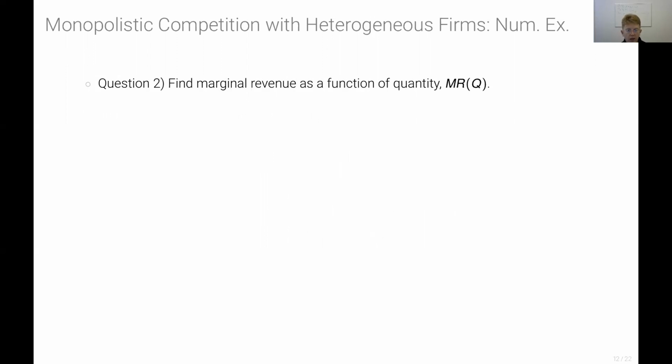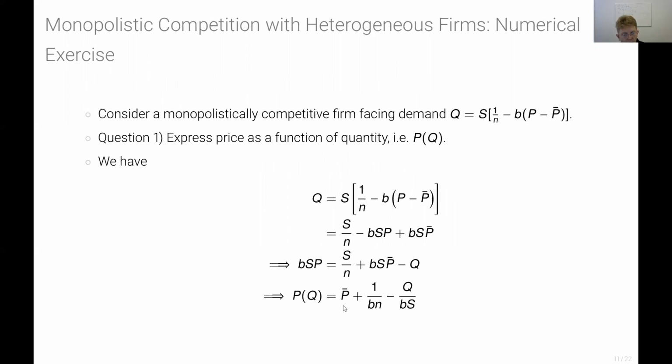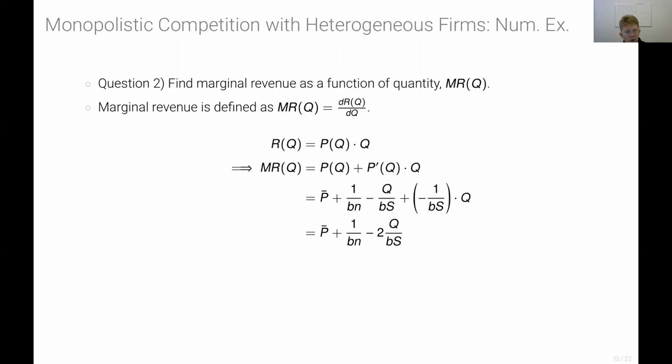Then if P of Q is given by this expression, the derivative of P with respect to Q is just minus 1 over BS. We plug that in and multiply it by Q. As it turns out, marginal revenue is equal to P bar plus 1 over NB minus 2Q over BS.